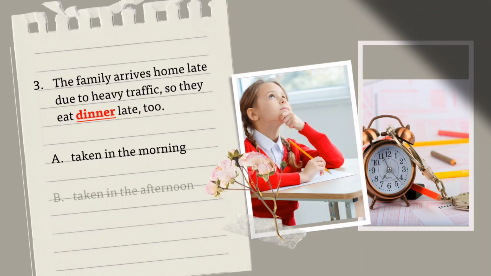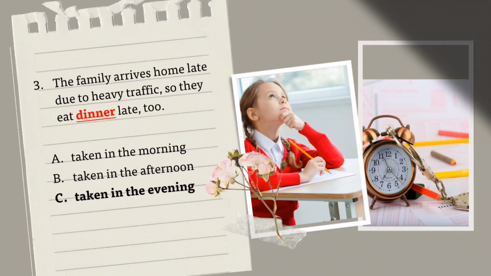Number 3. The family arrives home late due to heavy traffic, so they eat dinner late too. When do we take dinner? Is it A, taken in the morning, B, taken in the afternoon, or C, taken in the evening? Great! It is letter C, taken in the evening.